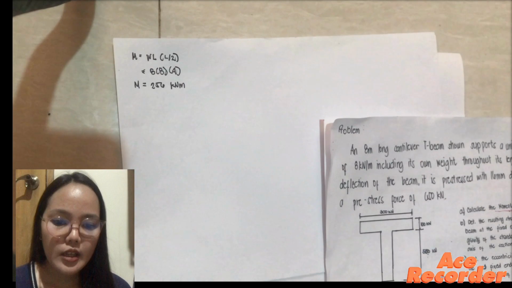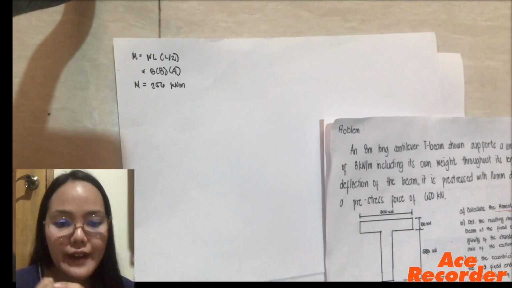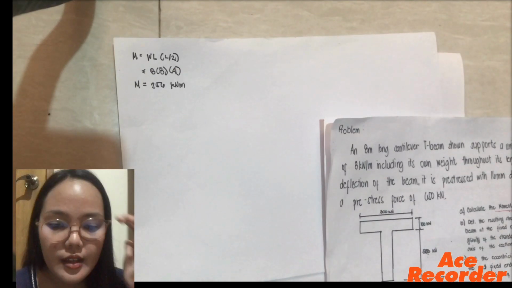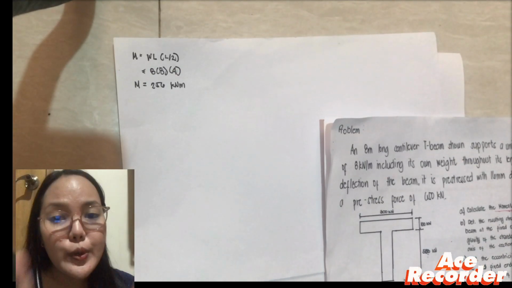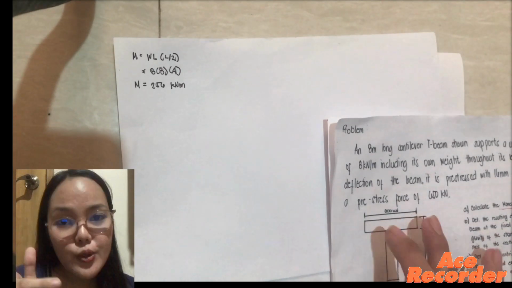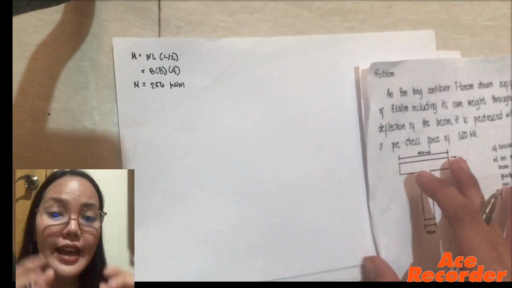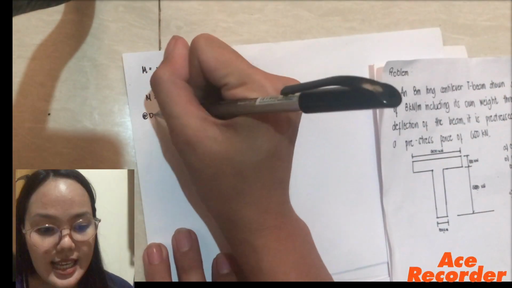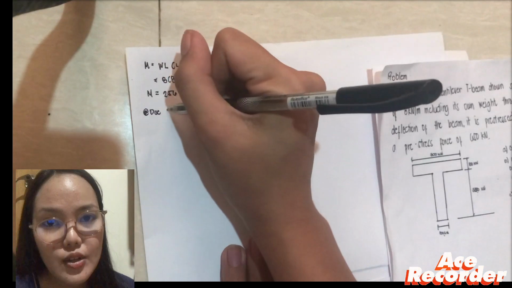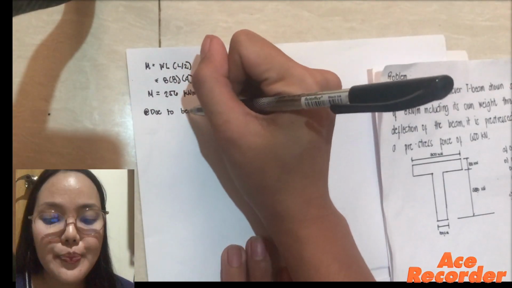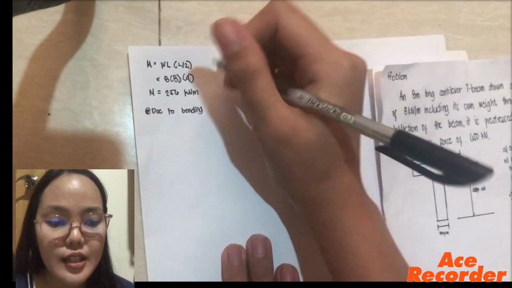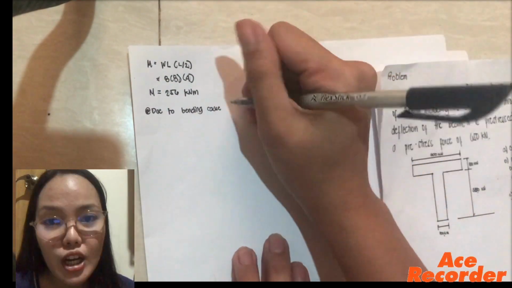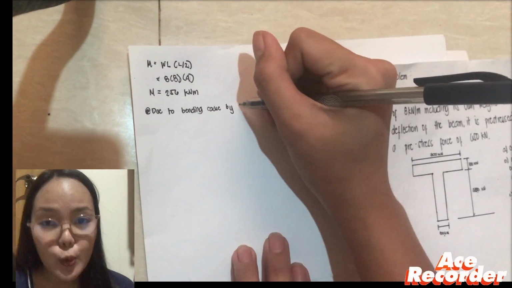Now, there are two cases in finding the flexure at the top fiber of the beam. The cases are due to the bending caused by the load of 8 kilonewton per meter and due to the pre-stressing and moment. So first we need to get the flexure at the top fiber due to the bending caused by the load.